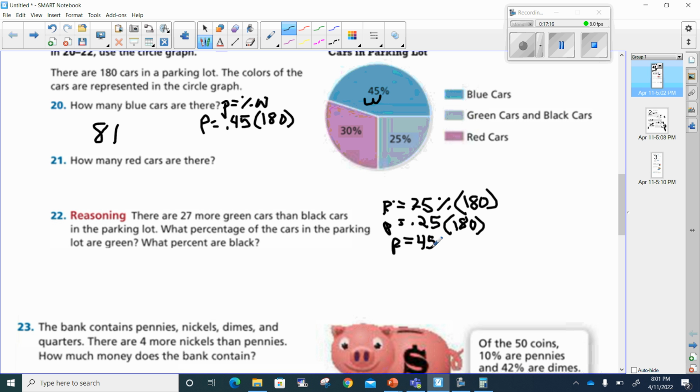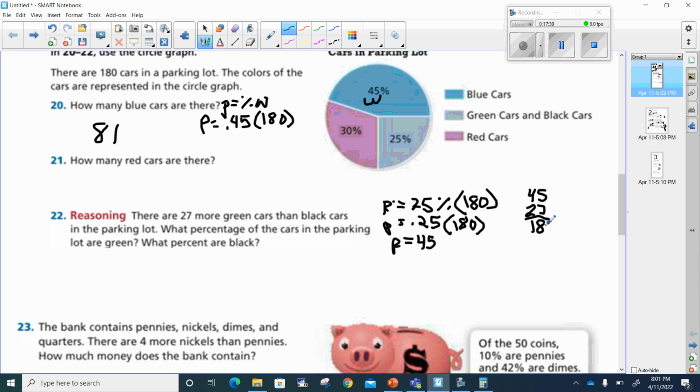Now that I know this, I also realize that if there are 45 green and black cars, there's 27 more green ones than black ones. I'm going to have to take 45 minus 27, which gives me 18.